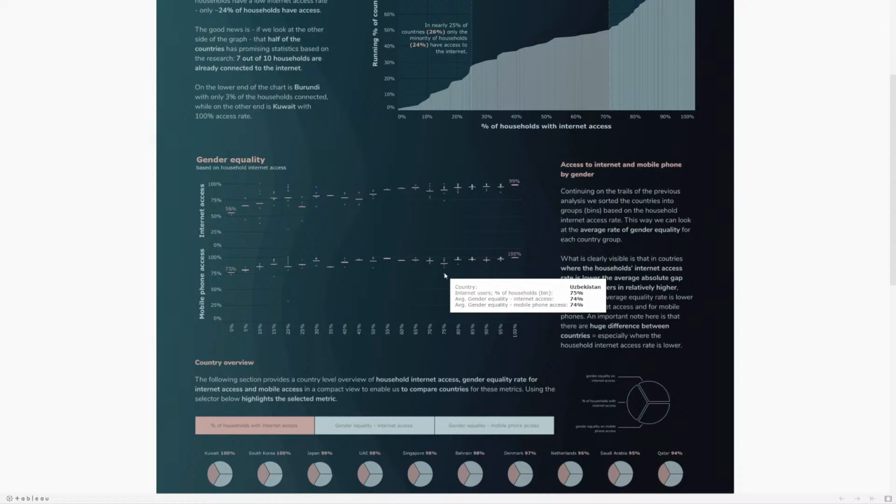But this doesn't look at gender equality, this chart, at least not in my understanding. It looks at internet users, 75%. Okay, so that is my x-axis, my columns, and then 74% is the gender equality internet access. I don't understand this chart, I really don't.